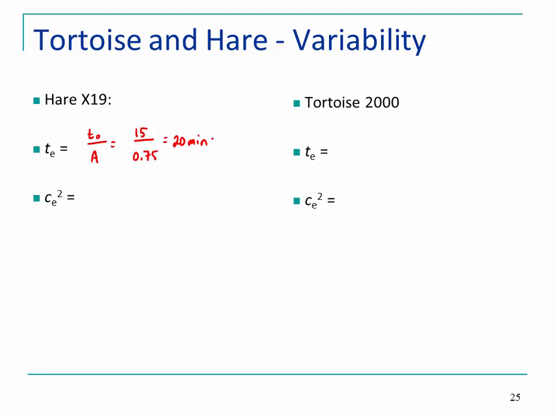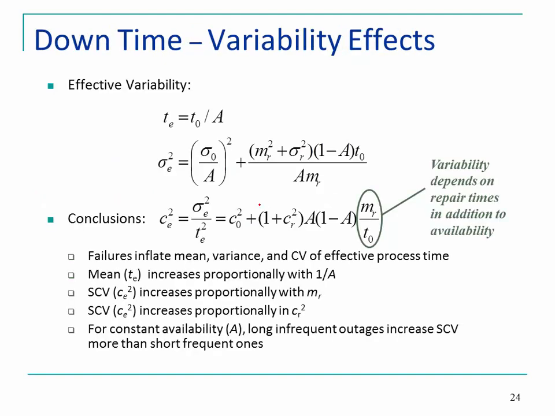Now, to compute the effective squared coefficient of variation, we need this. So C0 squared plus (1 plus CR squared) times A times (1 minus A) times MR divided by T0, which is the expression that we defined.